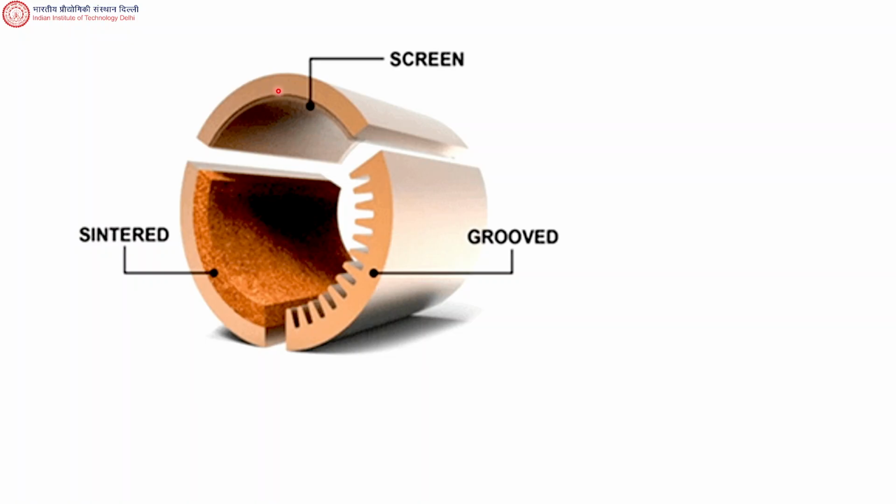This is just a schematic which tells you about different possible wick structures. It's not like in a particular heat pipe you use all three. So these are screens. Now this is sintered materials. The wick can also be grooved material.